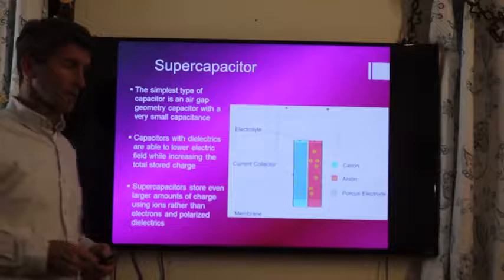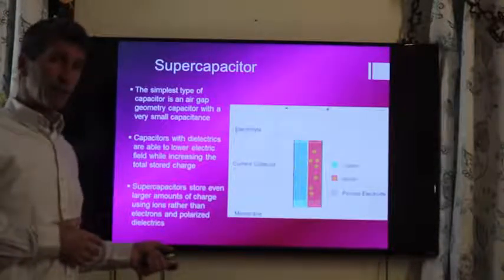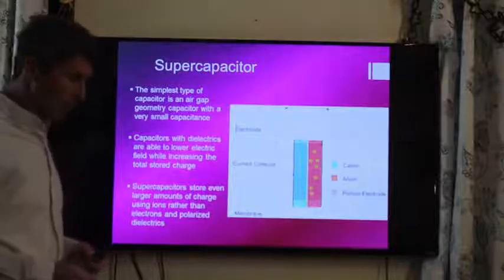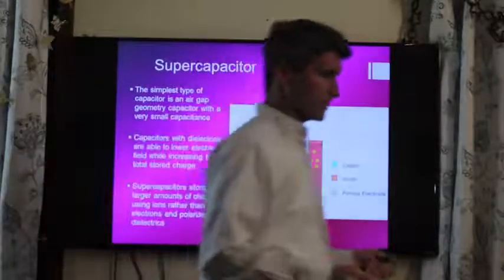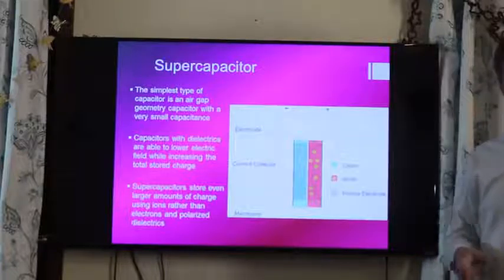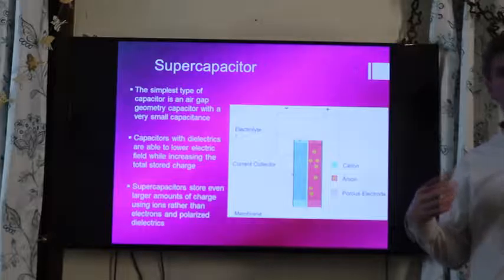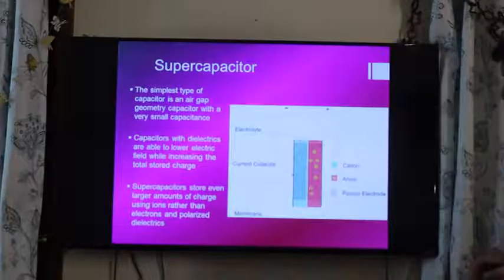Now, a supercapacitor, this is somewhere between being a capacitor and a battery. In a capacitor, we place a voltage across it, charge builds up, that creates an electric field. We can discharge it very rapidly and use that charge to create current.